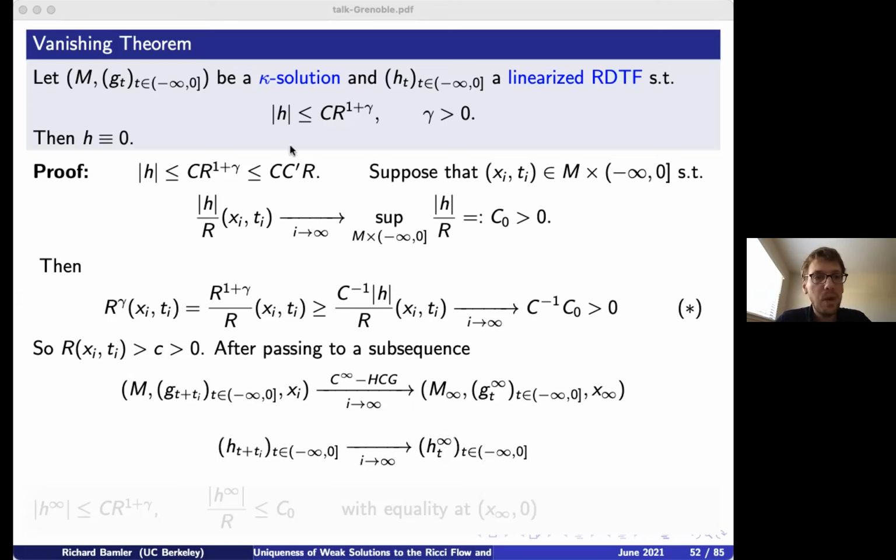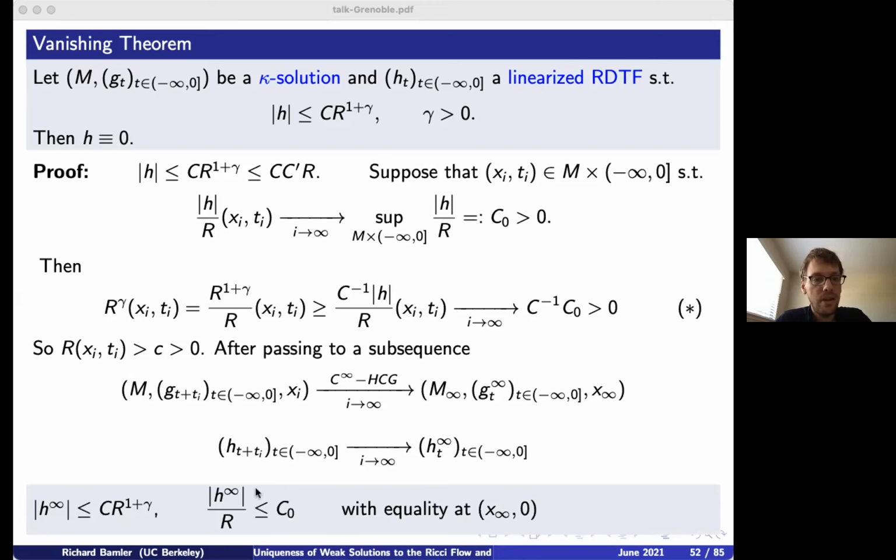And then we can use the fact that H is bounded by the scalar curvature to pass to another subsequence and let the linearized Ricci flow converge to some solution to the linearized Ricci flow in the limit. So now we have the same situation as before. We have a kappa solution and a solution to the linearized Ricci flow. And again, we have the same inequality. This just passes to the limit.